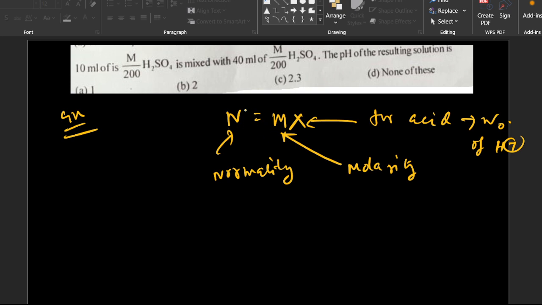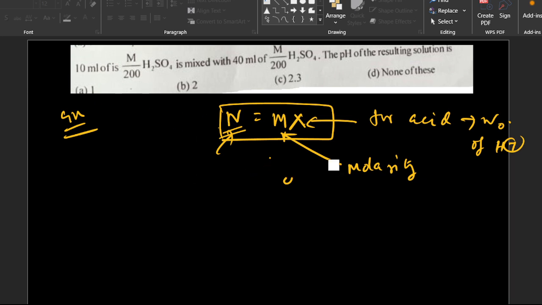So this is the relationship between them. If we multiply the molarity M with the factor x, that is the number of H plus or number of OH minus for acid or base cases, then we will get the normality.